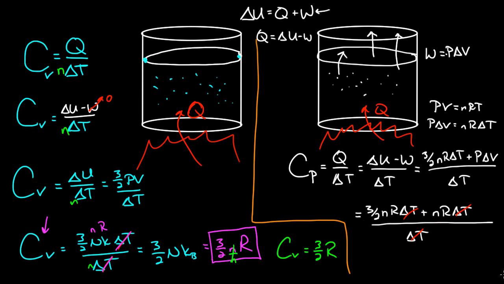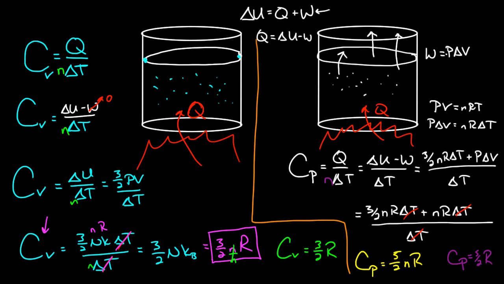I'm left with C. Heat capacity at constant pressure is going to be equal to 3/2 nR plus nR. That's just 5/2 nR. And if I wanted the molar heat capacity, again, I could divide everything around here by little n, and that would just give me the molar heat capacity at constant pressure would be 5/2 R.